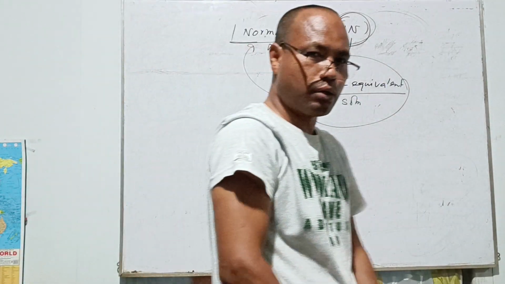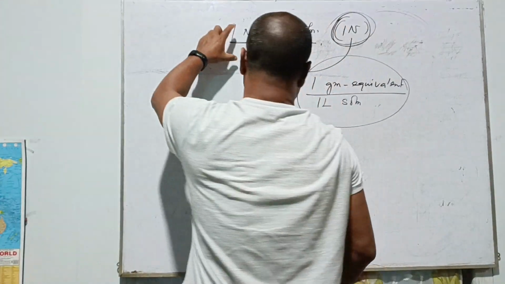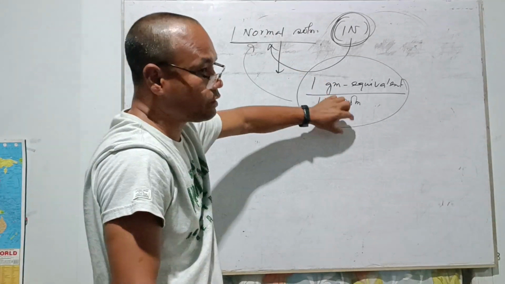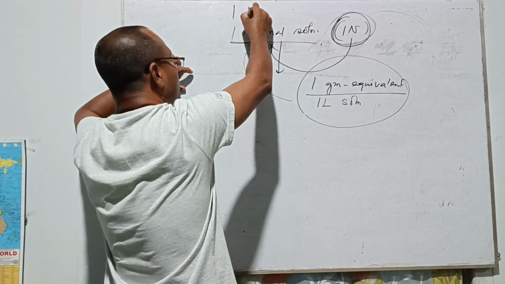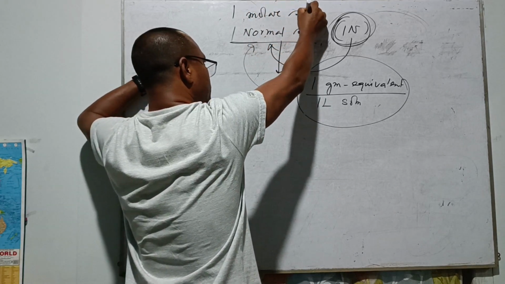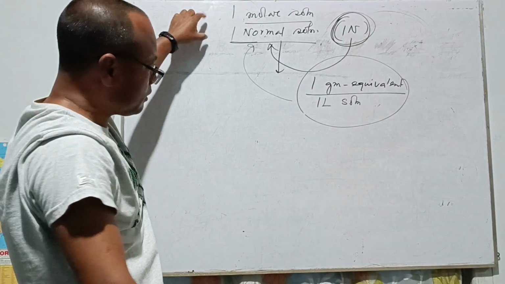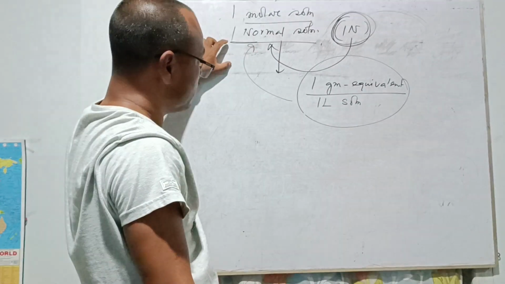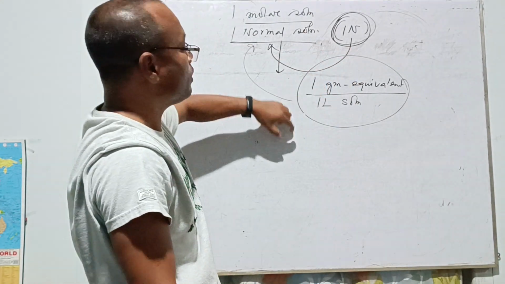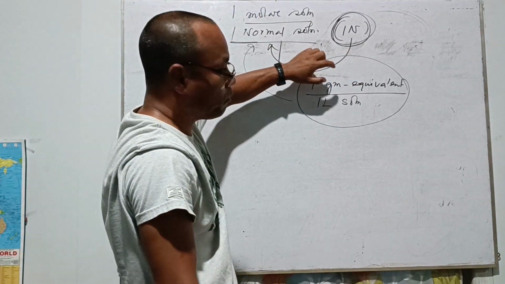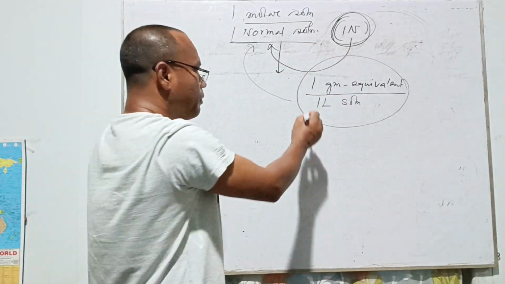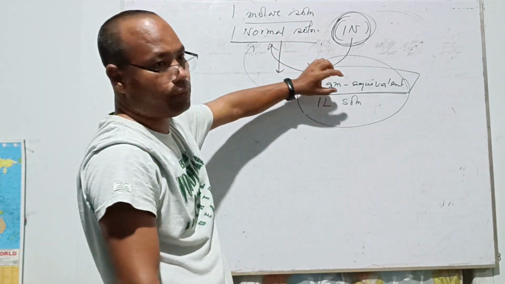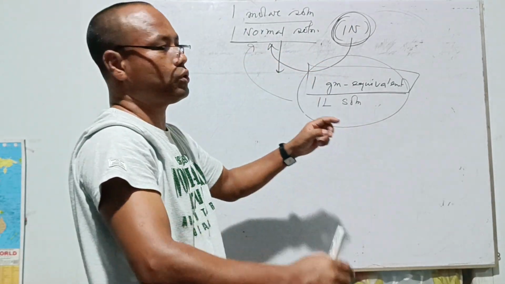Now, one very interesting thing. The volume of the solution in a one normal solution is 1 liter. In the case of a 1 molar solution, the volume of the solution is also 1 liter, but the only difference is 1 gram equivalent versus 1 mole of solute. For some solutes, the number of moles and the number of gram equivalents are the same.